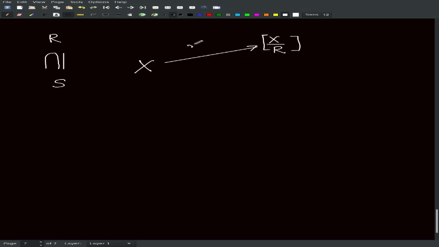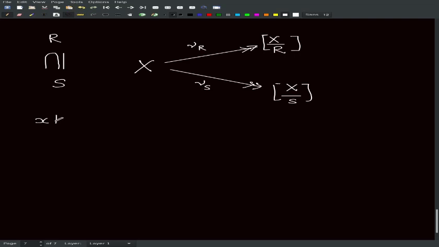So this is my nu R. And due to S, I have this equivalence relation. So I have this. So both, we know, are surjections. That's why I have those double arrows. Okay. Now let's see. So here is the formal proof.